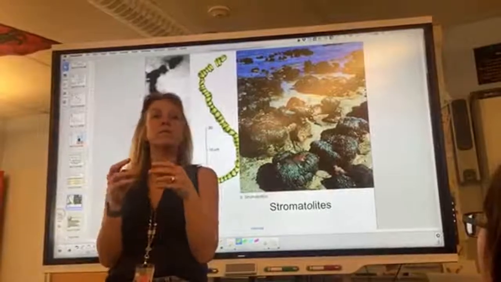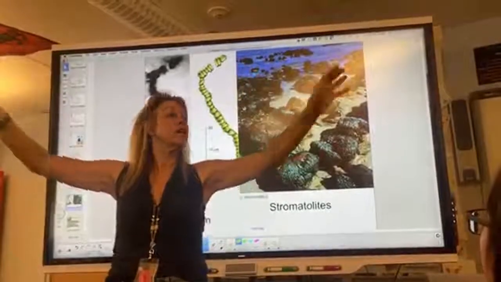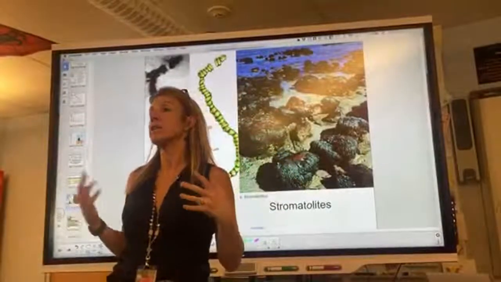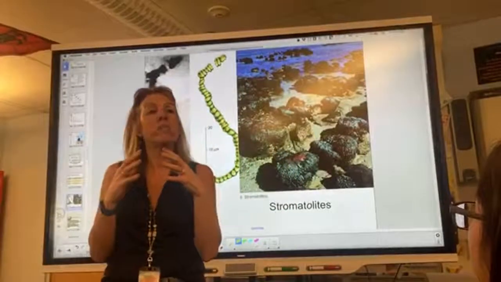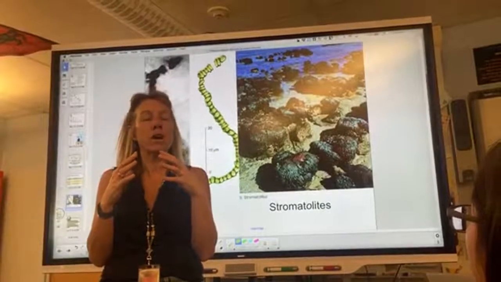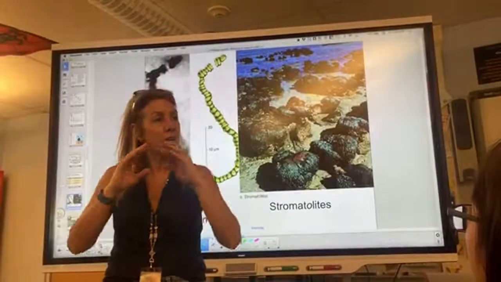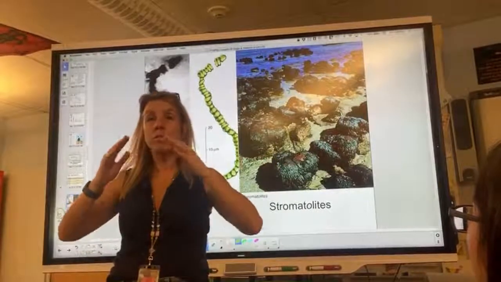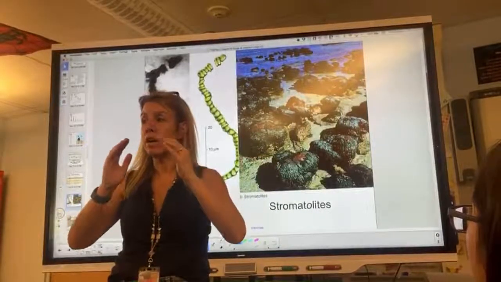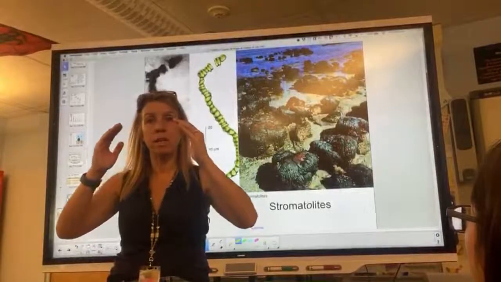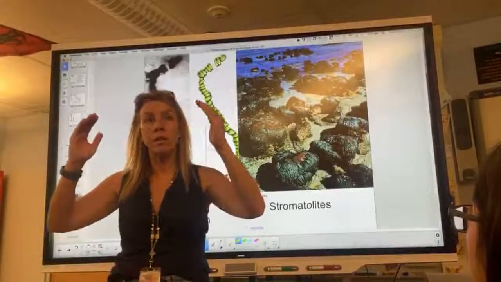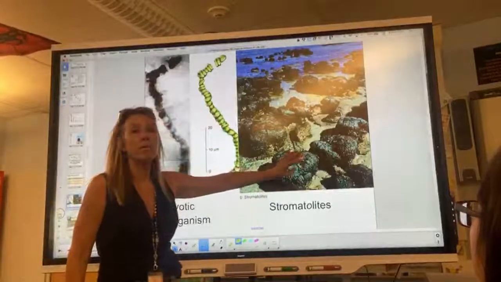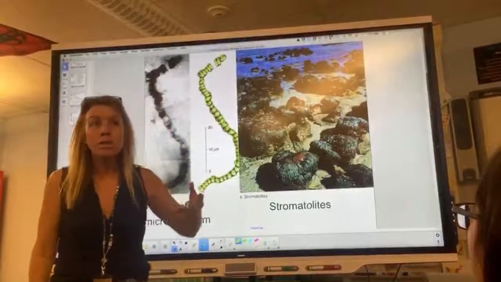They're generating their oxygen, but the ocean is right there beating against them, and calcium carbonate, like these salts, are embedding in their bacteria and in their slime, and as a result, it kind of hardens, so some bacteria get left behind, and some are on the edge. They keep moving outside of their calcified slime, and they keep moving out, and these still exist today with bacteria on them doing photosynthesis.